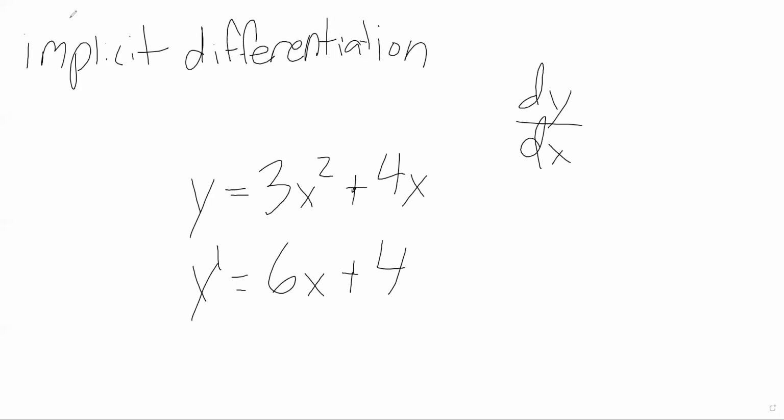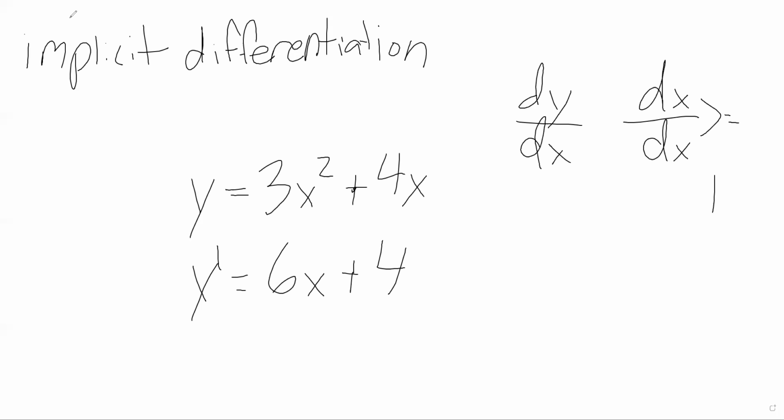Anytime that you're finding the derivative of x, you're going to write dx over dx. But if you know anything about fractions, whenever you have the top equal to the bottom, it's just going to cancel out to 1.